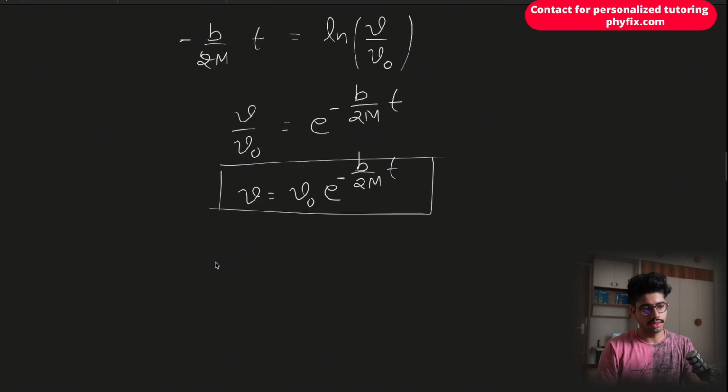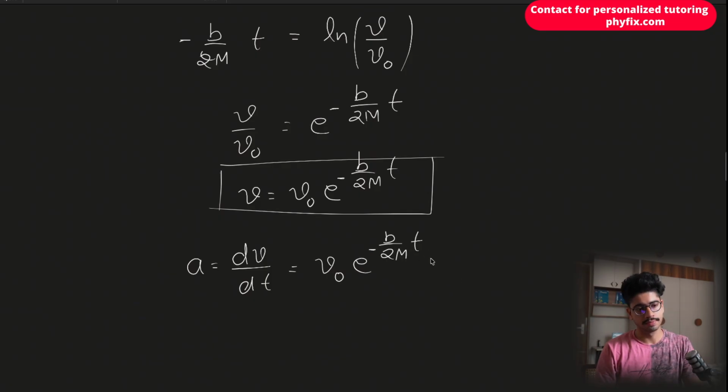Let me do the differentiation again to find the acceleration. So I'm going to differentiate it again. The v0 is a constant, and e power stays as it is, not changed.